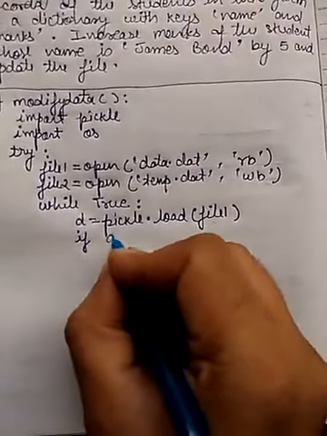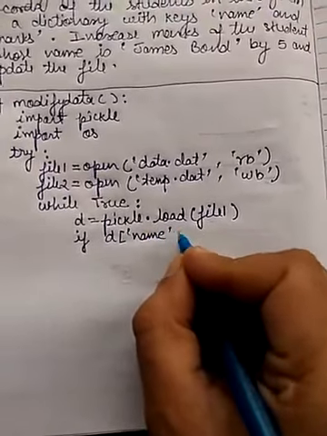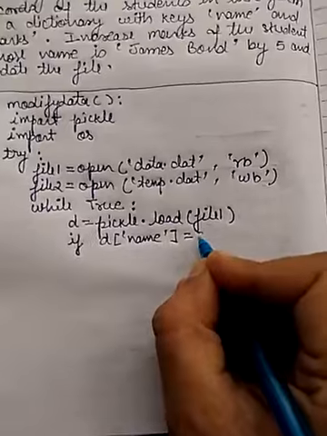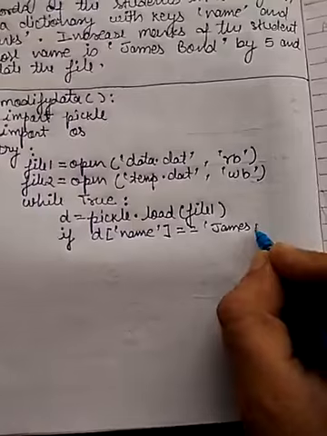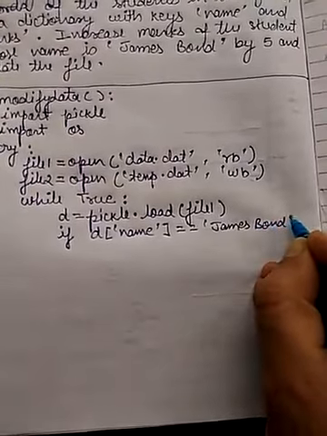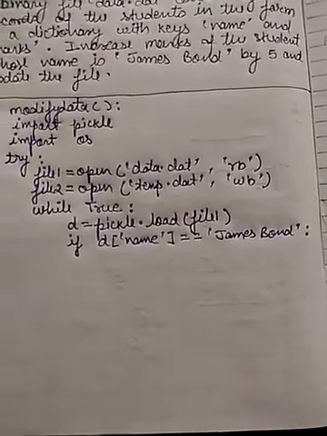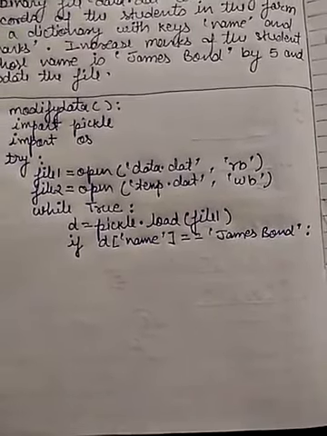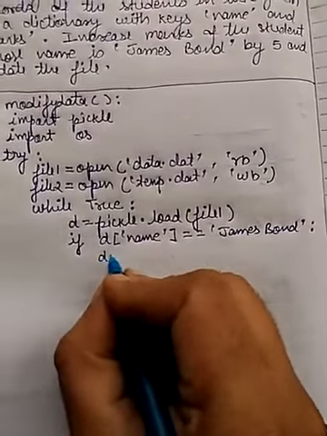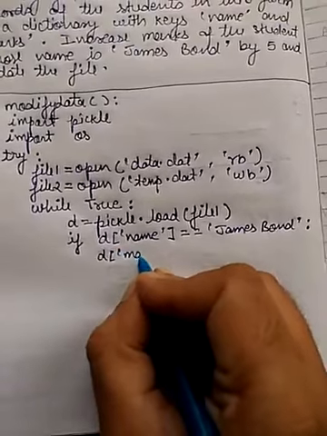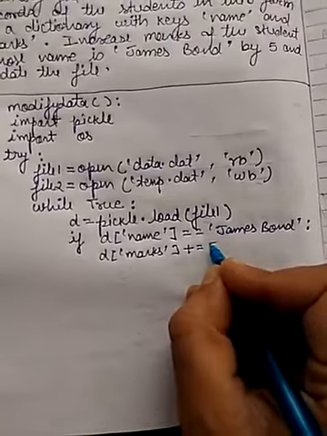For that I am writing if D['name'] == 'James Bond'. So whenever this condition is true, now we have to increase marks of James Bond by 5. So I am writing D['marks'] += 5.